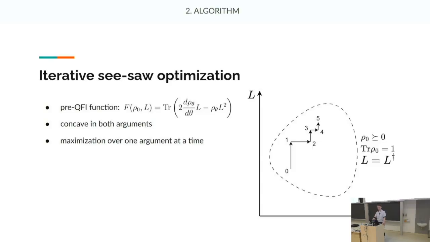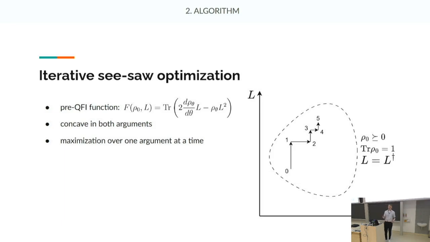To do that, we use iterative seesaw optimization, which works in the following way. First, we notice that this pre-QFI function is concave in each of its arguments, but separately. So if we keep one of our arguments constant, then the function of the other argument is concave.